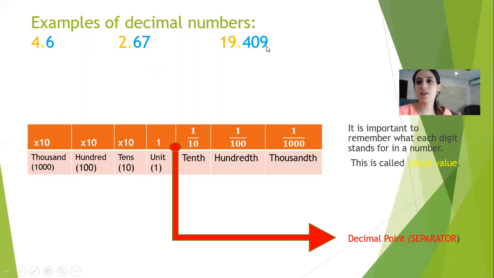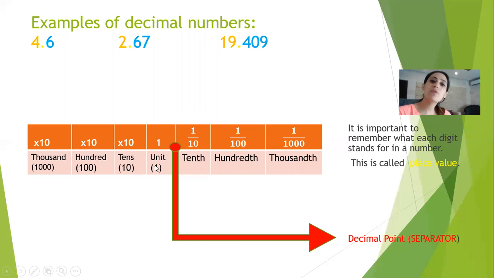19.409 thousandths. So at the first part, we have the whole part. And here on the right side, we have the blue ones. We have the decimal part. And they are separated by a decimal point. Here there is a table to show you the place value of each digit. So, if you look carefully, we have the unit and the tens and the hundred and the thousand.